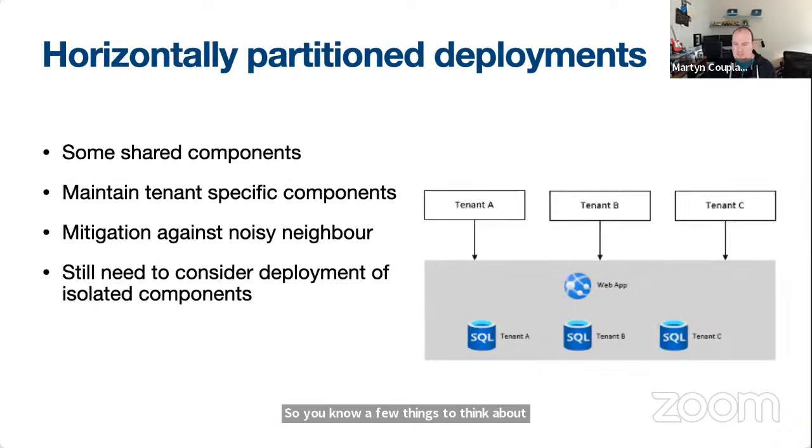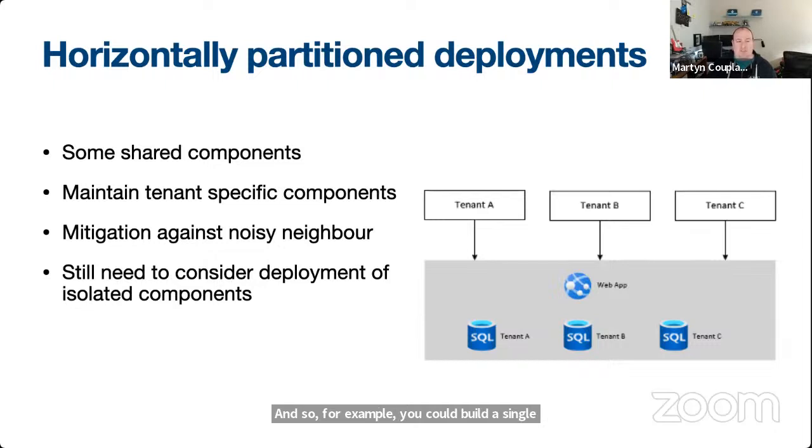And then finally, just before we come on to some questions, is horizontally partitioned deployments. We can also consider this as a deployment methodology. We can have some shared components and maintain other components within a single tenant deployment. For example, you could build a single application tier and then deploy individual databases for each tenant.